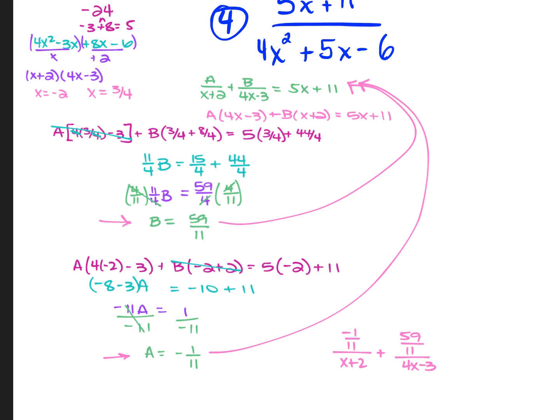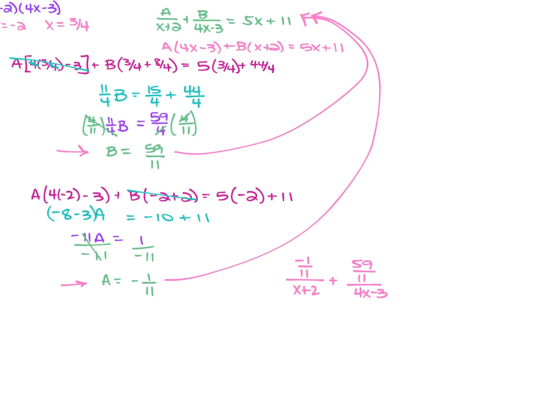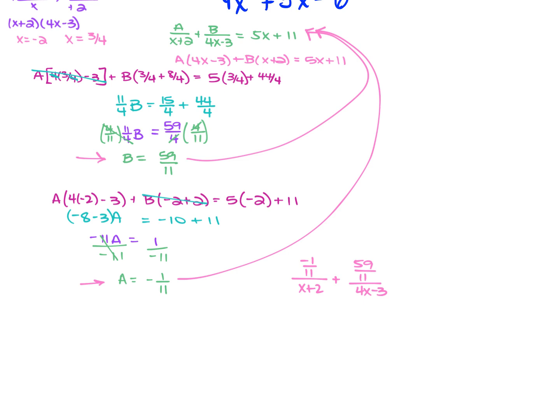You cannot leave a fraction within a fraction, so simplify these, and that gives you negative 1 over 11 times (x plus 2) plus 59 over 11 times (4x minus 3).